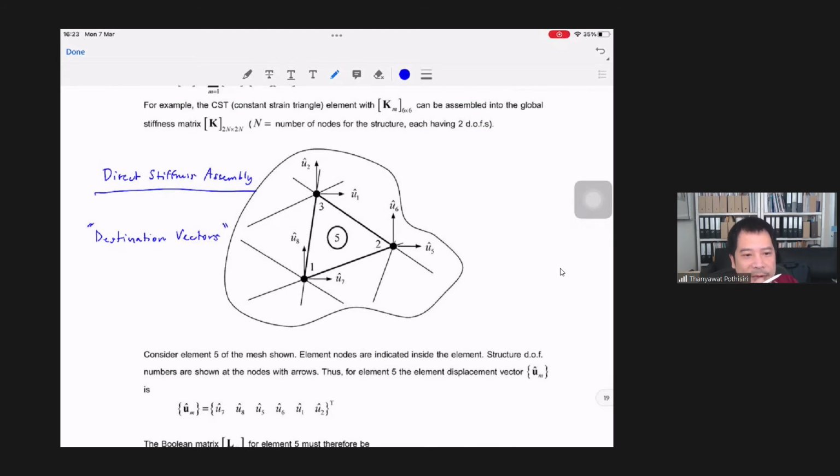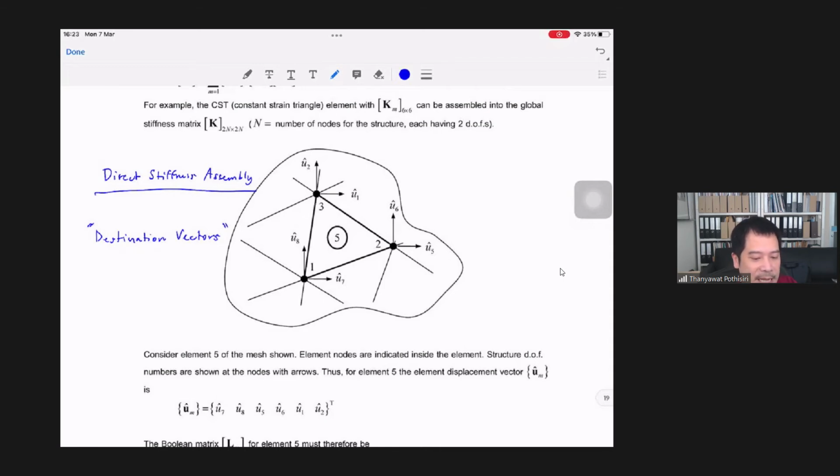So what is a destination vector then? A destination vector is essentially a mapping between the element degrees of freedom and the structural degrees of freedom. So it's as simple as that.